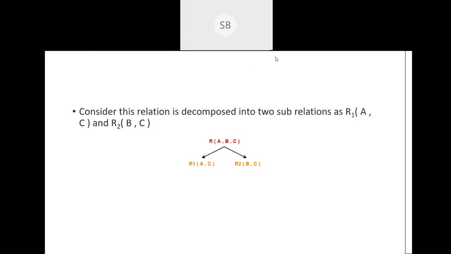All 15 of you are clear about lossy and lossless decomposition? Or any part which is not clear?